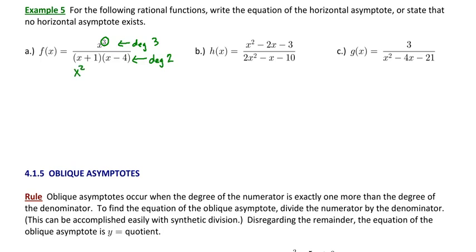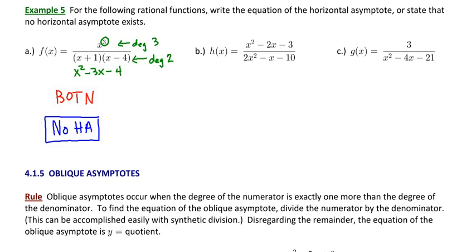Notice when we multiply it out, we get x squared minus 3x minus 4. So we can see this case is bigger on top. That is, the degree of the numerator is bigger than the degree of the denominator. So there is no horizontal asymptote. So we'll make our conclusion, no HA, no horizontal asymptote for that function.